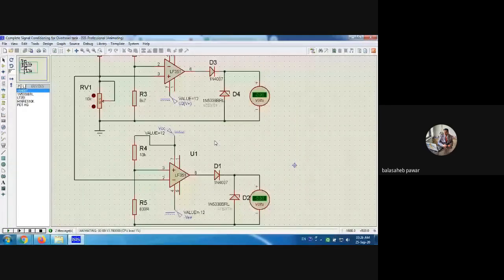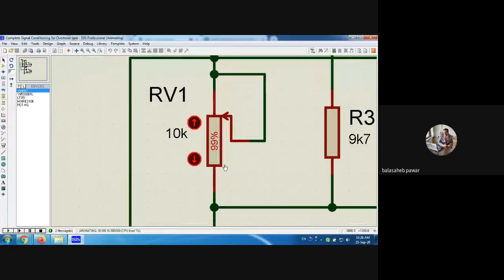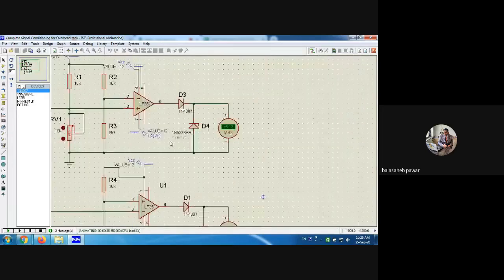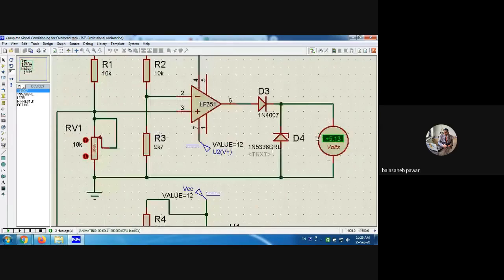So see, whenever I increase the resistance offered by that sensor towards its maximum, that means the tank goes towards its reservoir condition. You will observe that when it reaches almost 100%, say 98, 99%, the output of that signal conditioning circuit goes to logic high, that is plus 5 volts, while the second signal conditioning circuit remains 0.